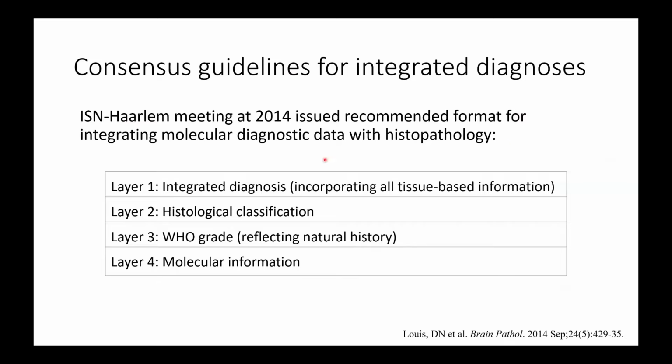The International Society of Neuropathology in 2014 issued the following recommendation for a 4-tier reporting system, where one includes the traditional histologic classification, so whatever it looks like under the microscope, whatever relevantly present molecular information, whether that's by immunohistochemistry, targeted or more broad assays, and then an incorporation into a combined integrated diagnosis and overall WHO grade.